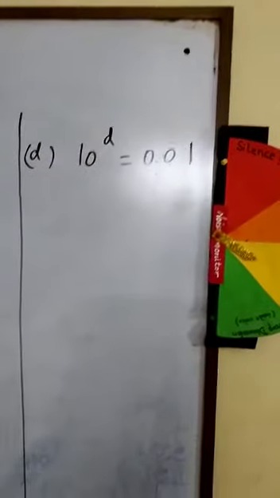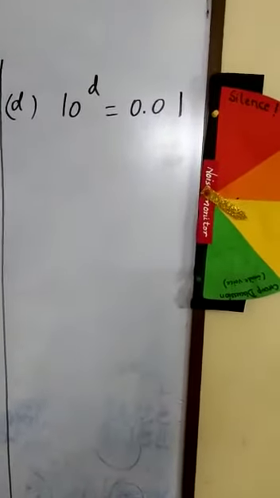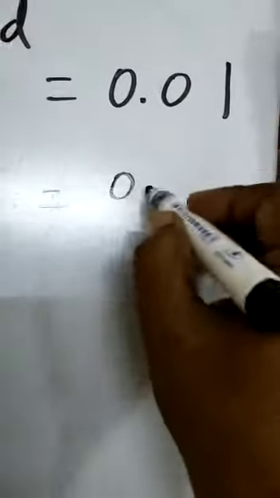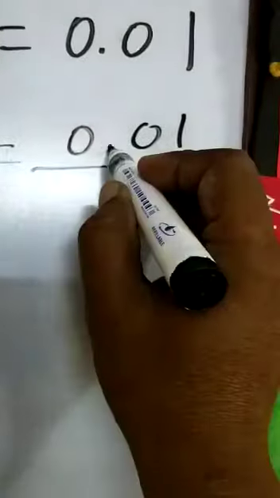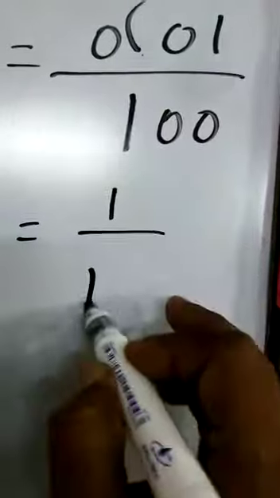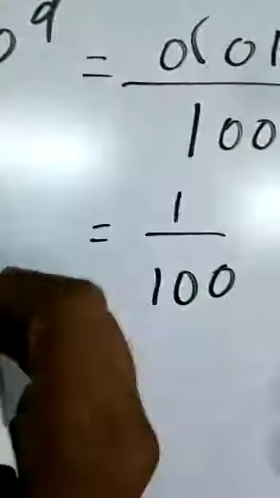The next one, it is in decimal form, so do not worry about the decimal form. We can change the decimal form here. See, write 1 under this decimal and count the numbers. There are 2 numbers, so write 2 zeros. This decimal will be removed. So it is 1 upon 100 and 10 to the power d.